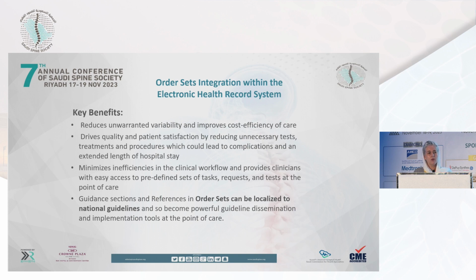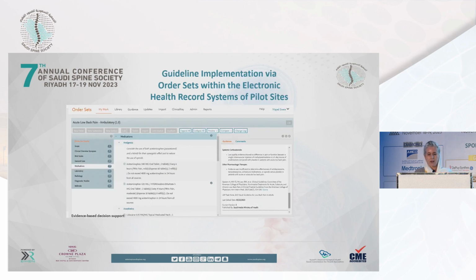So we are trialing that, as soon as the guideline is approved, at several pilot sites across the country. This is what it would look like. You can see here, for example, the acute low back pain order set for ambulatory care. On the left-hand side, the different sections of the order sets, and then the orders in the middle field, and a clinician can simply tick the relevant orders they wish to make.